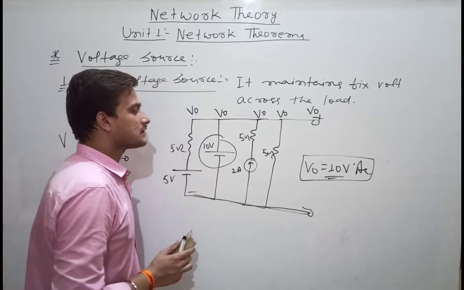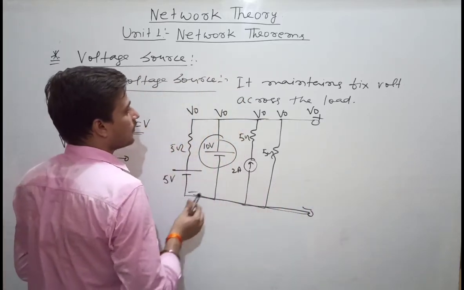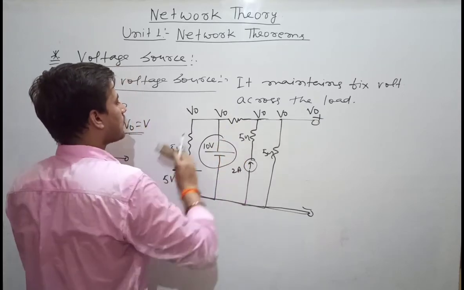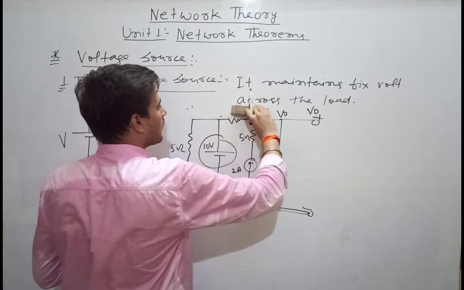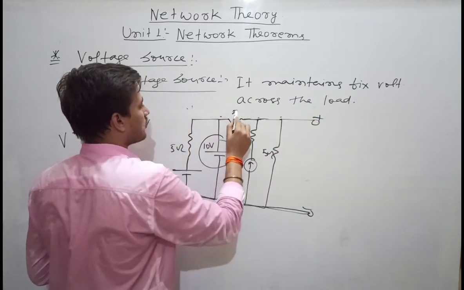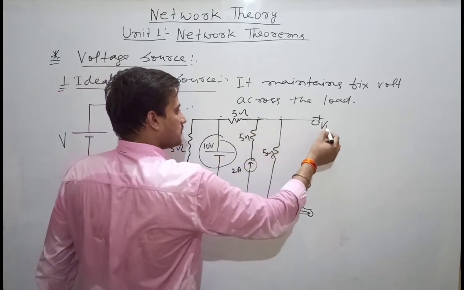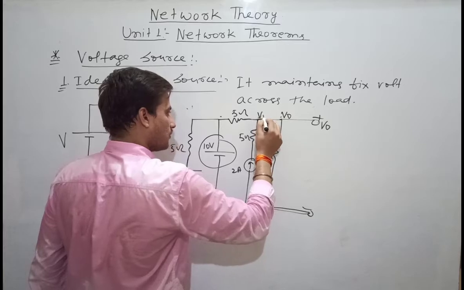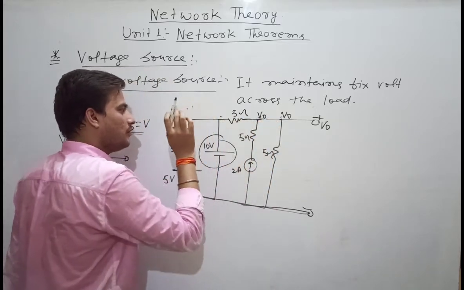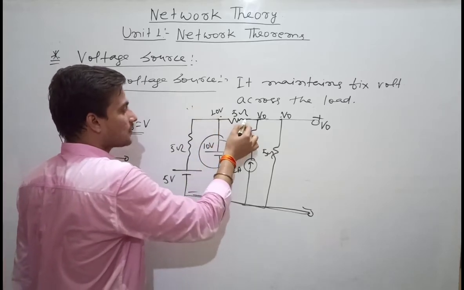Now you will say, sir, in what case it will not be 10 volt? See, if there was any resistor connected in series, suppose this is also 5 ohm. Now at this point potential is V0, but there will be some potential drop, so at this point the potential will be different. Here at this terminal potential is 10 volt, but here there will be some potential drop.